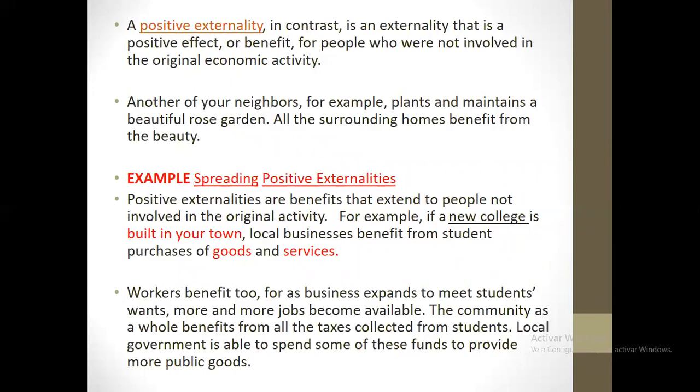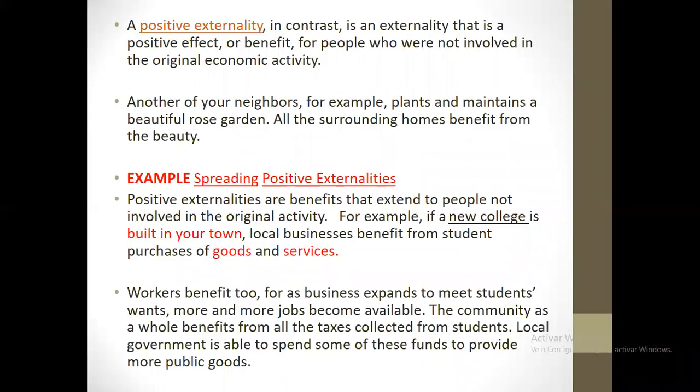Let's pretend the government placed a new college in Nata, for instance. Or what other place could I say, like Coronado, no, in Anton, for instance, okay? Now, for example, a new college is built in your own town, in Anton. Local businesses benefit from students' purchases of goods and services, definitely.